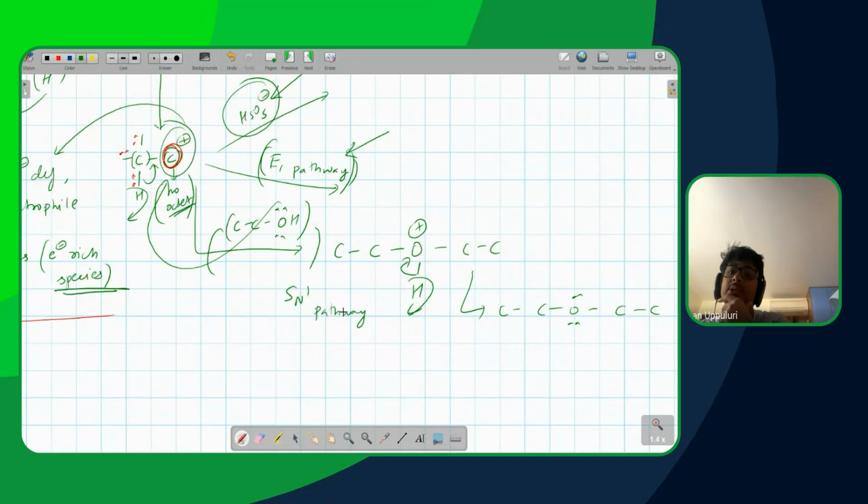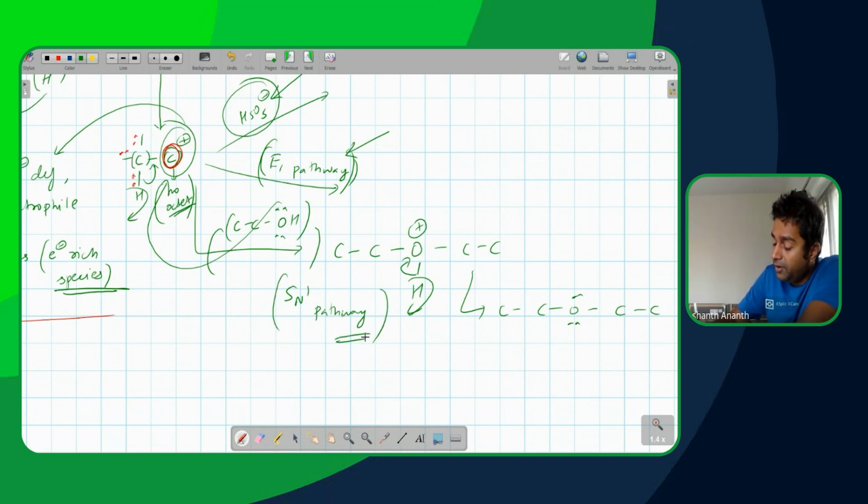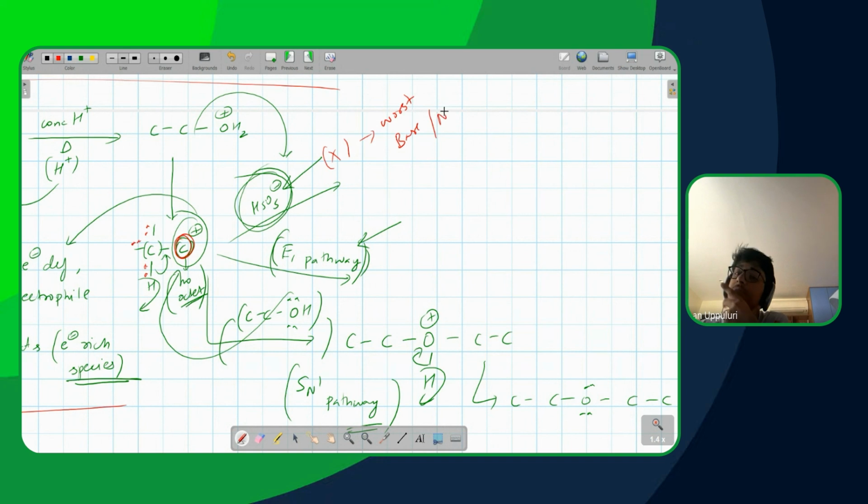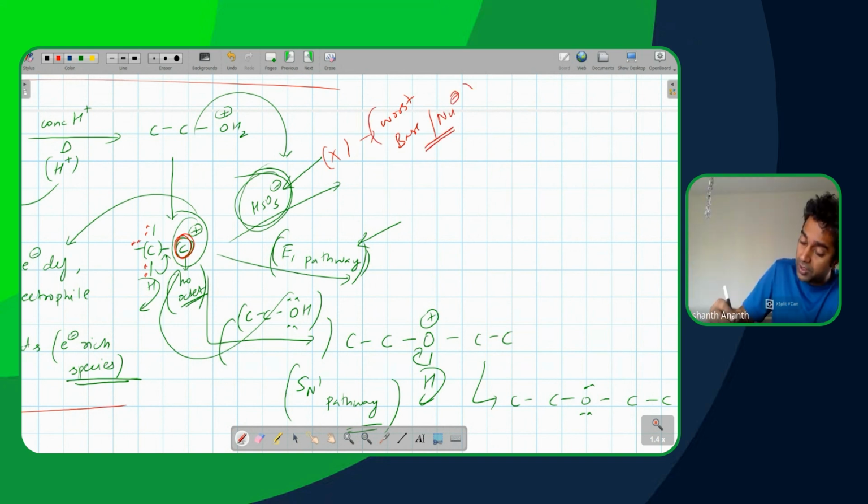SN1, SN2. Okay. Now, when we are talking about this pathway here, let's try to observe each pathway properly. First of all, this is the worst. Why is this the worst pathway? Because this is going to be the worst base of a nucleophile among the bunch available here.